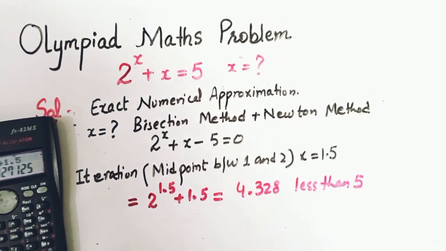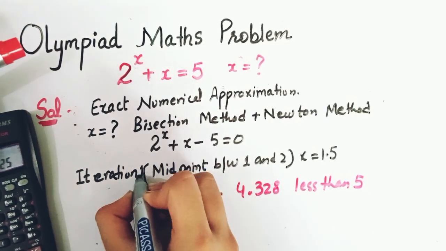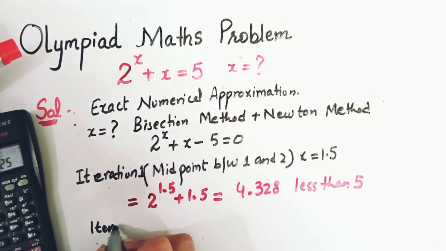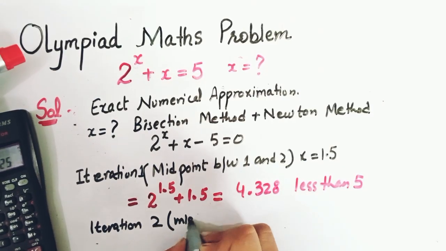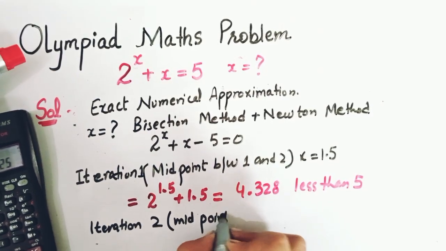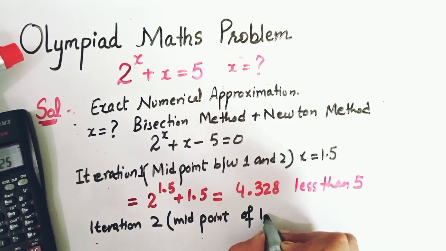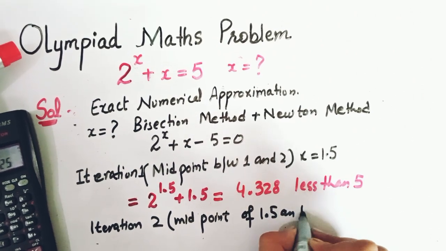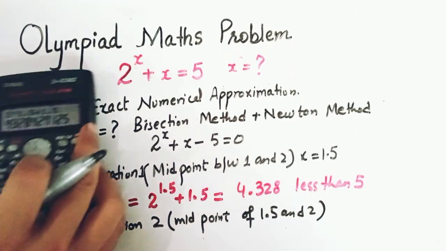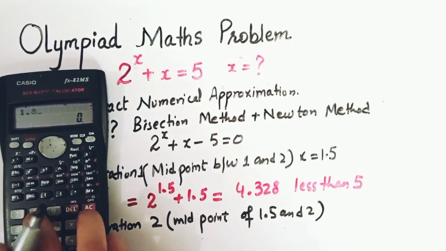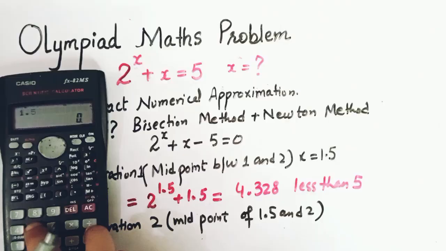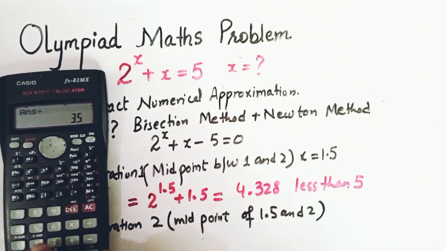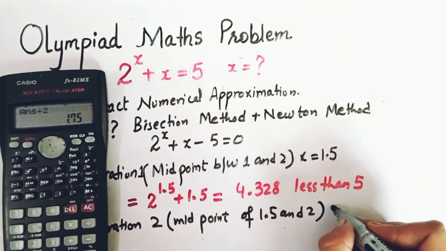Now this is iteration 1, and iteration 2 is the midpoint of 1.5 and 2. So this will be 1.5 plus 2 divided by 2, which is 1.75.